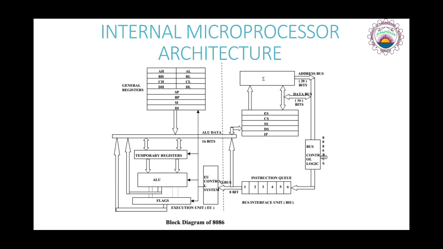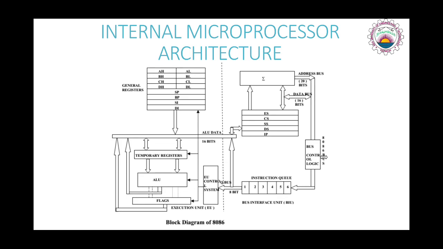It will be using segment registers as well as offset addresses to generate a 20-bit address, and that address will be placed on the address bus, and data will be coming from memory and will be provided to the instruction queue.